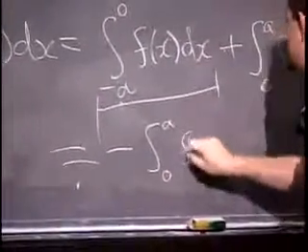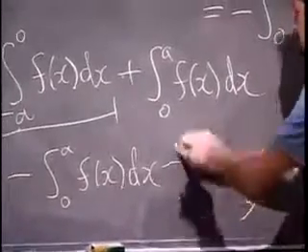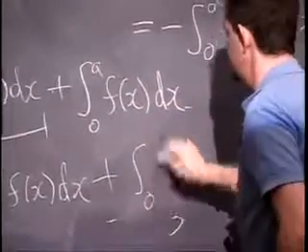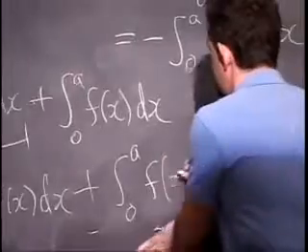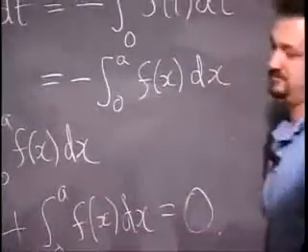So I'm just going to substitute that in. It's minus the integral from 0 to a, f of x dx, plus the same thing, integral from 0 to a, f of x dx equals 0. They cancel out. Okay? It's conceivable you could be asked to prove this in Math 103. Pretty unlikely, but who knows.